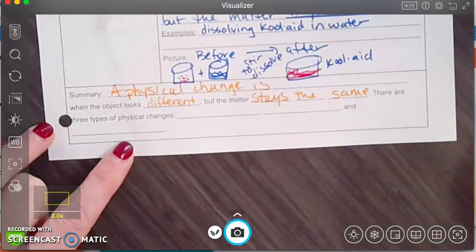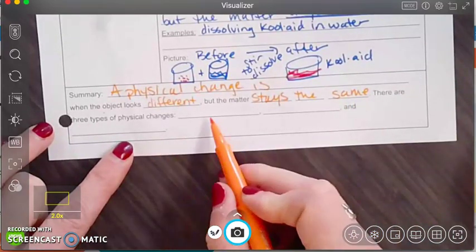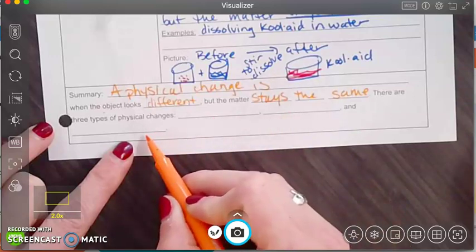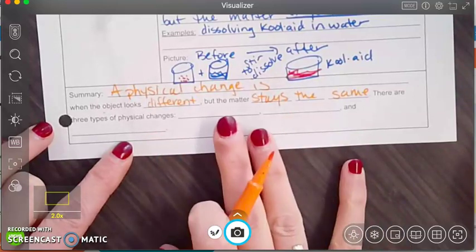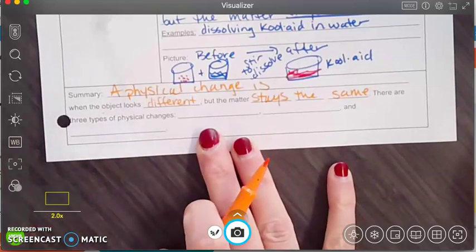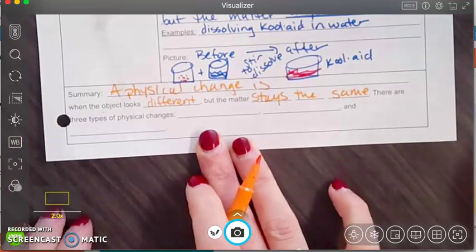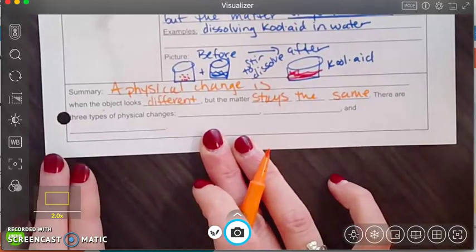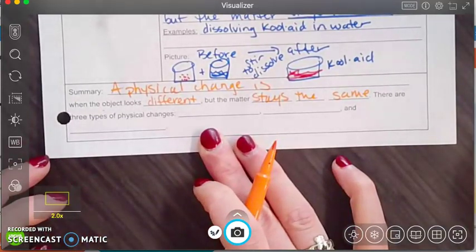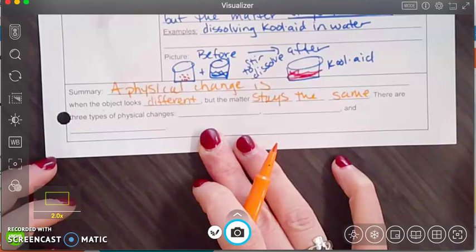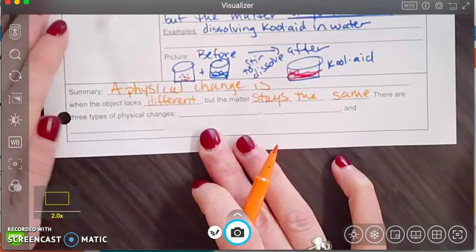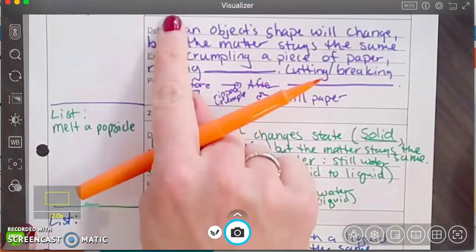There are 3 types of physical changes. 1, 2, and 3. The answers are somewhere on your notes. It's not examples, it's the name of the type of change. Press pause and try to figure this out at your table, and then as a class, and press play to begin again. All right, so our first type I know is right here.